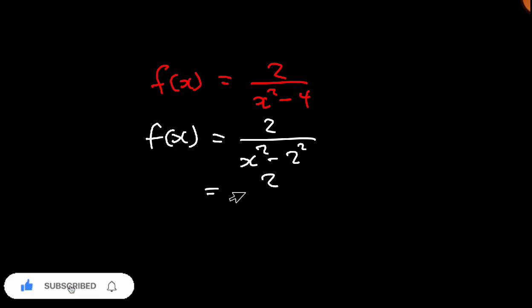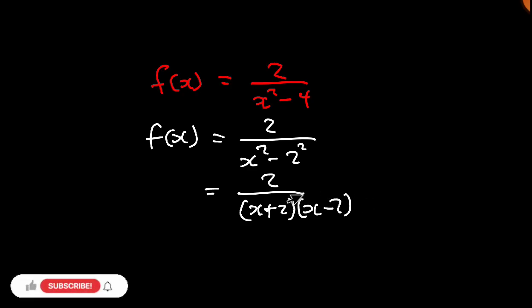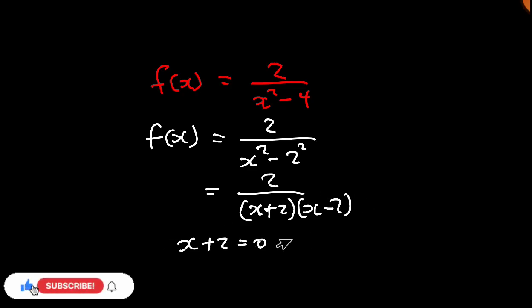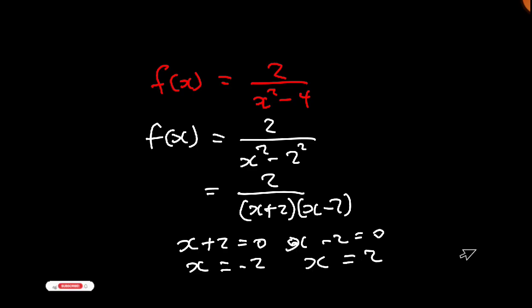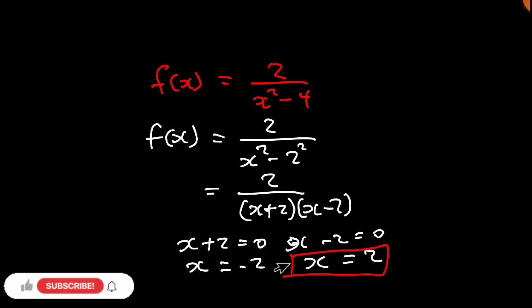So we're going to have 2 divided by x plus 2 and x minus 2. If we set the denominator to 0, we get x plus 2 equals 0 or x minus 2 equals 0. If we solve for x, we get x equals negative 2 here and x equals 2 here. So these two values of x are the vertical asymptotes of this function.